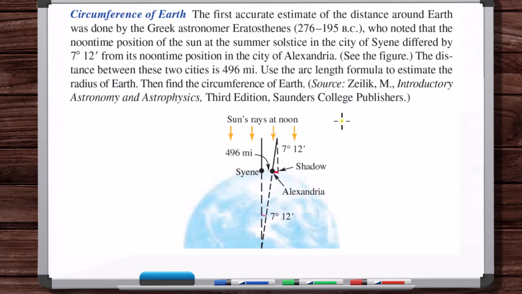because radians are easy to work with when it comes to arc length. So what is 12 minutes in degrees? There's 60 minutes per degree. So 60 divided by 12 is 5. So this is 1/5 of a degree. Okay, so 7 and 1/5 of a degree is 7 times 5 is 35, plus 1, so 36/5 degrees.